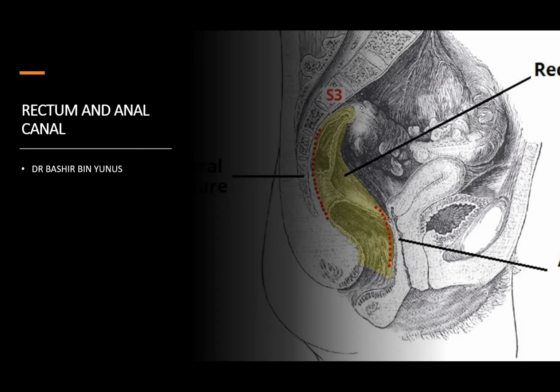Generally, we know the function of the rectum is to serve as a temporal reservoir for feces, and it also has a role in maintaining the defecation reflex, while the anal canal also has an important role for defecation and the continence mechanism of any individual.